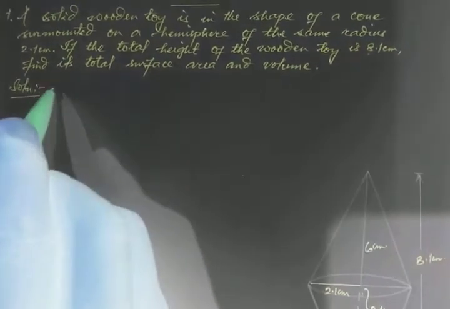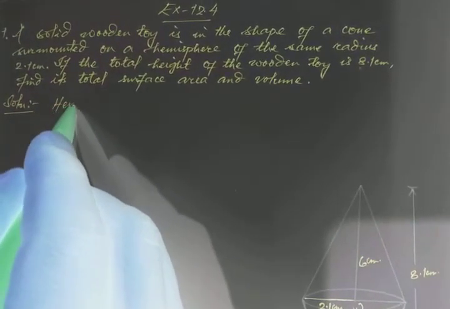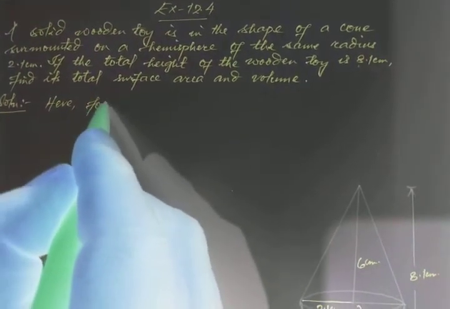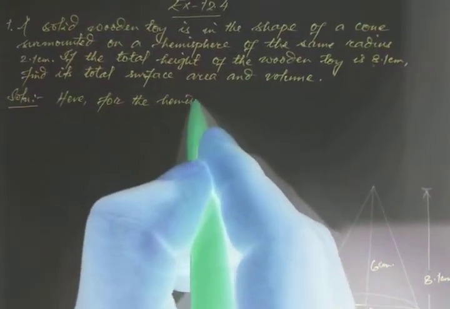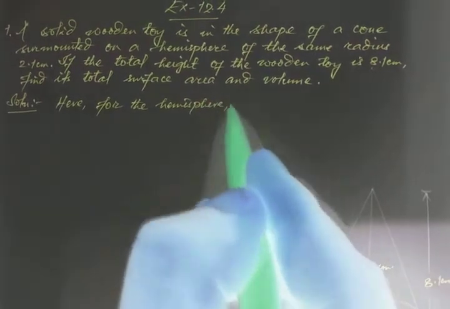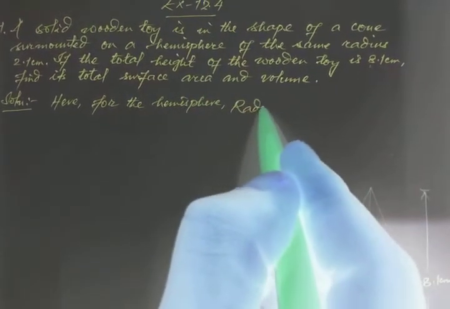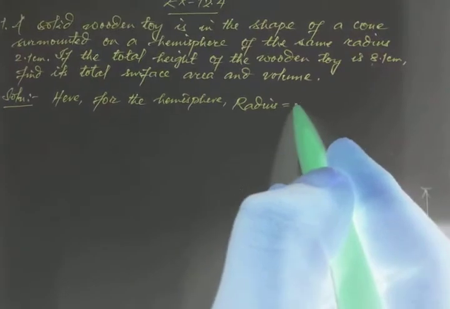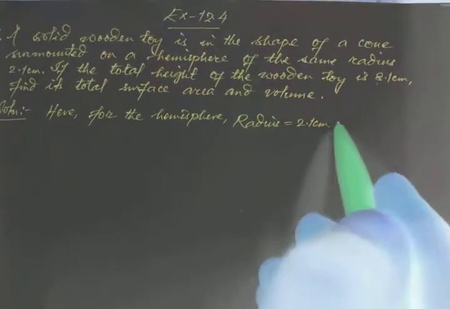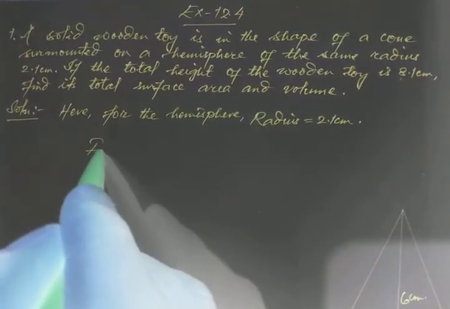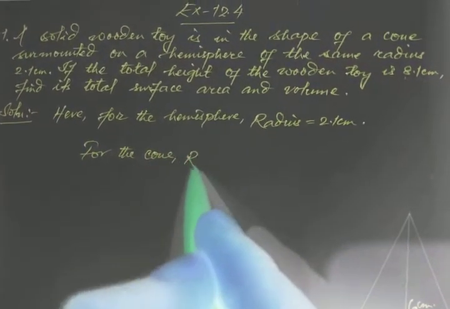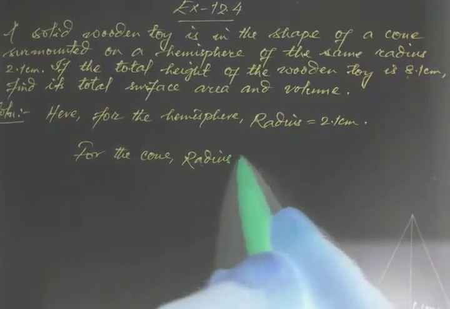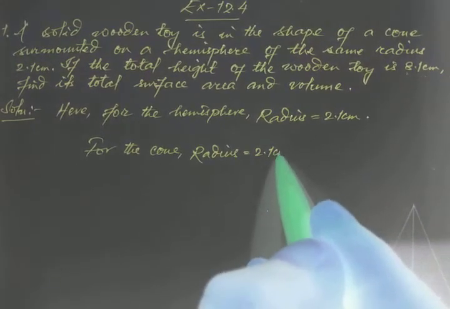Let us write the given first. Here, for the hemisphere, the radius is 2.1 centimeter, and for the cone, once again the radius is 2.1 centimeter.